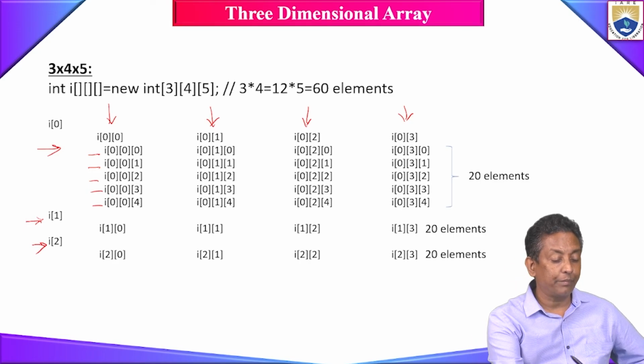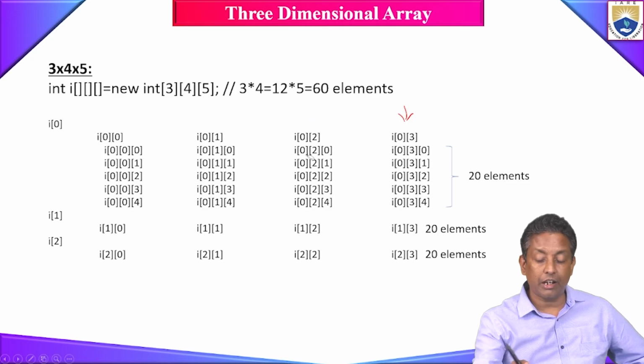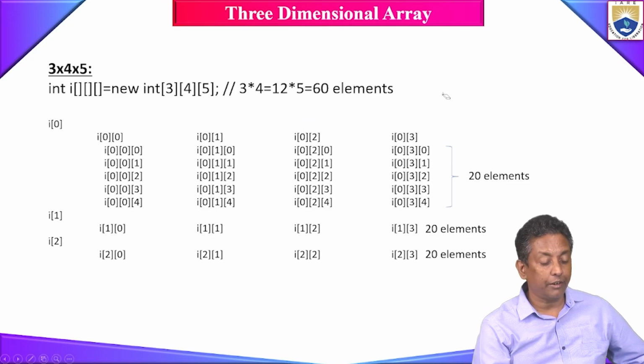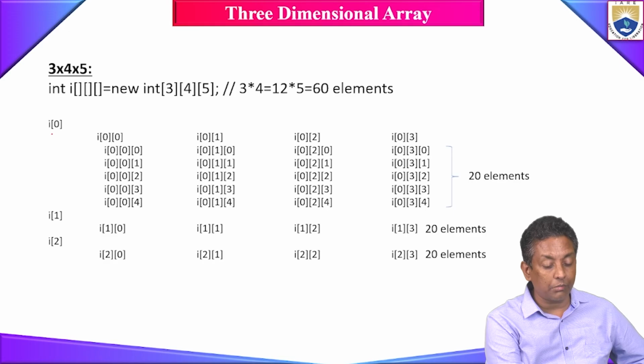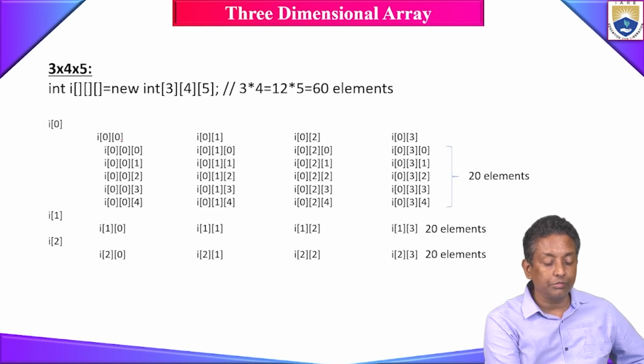So this is the array declaration. See, I have the zeroth row, zeroth column. In that I have the elements 0, 1, 2, 3, 4.